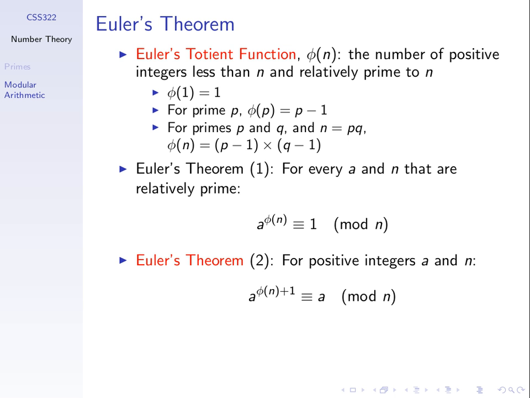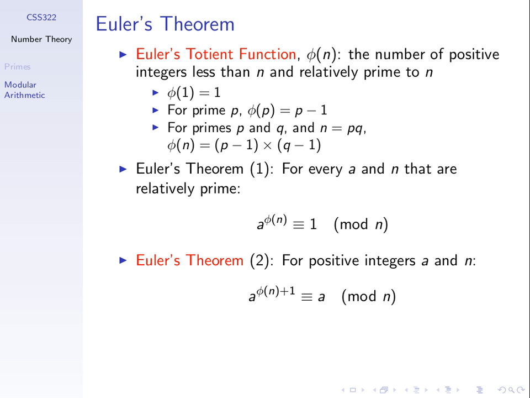The totient of 6. Okay, let's confirm, just go through the manual step. 1 and 6, relatively prime. There's 1. 2 and 6?